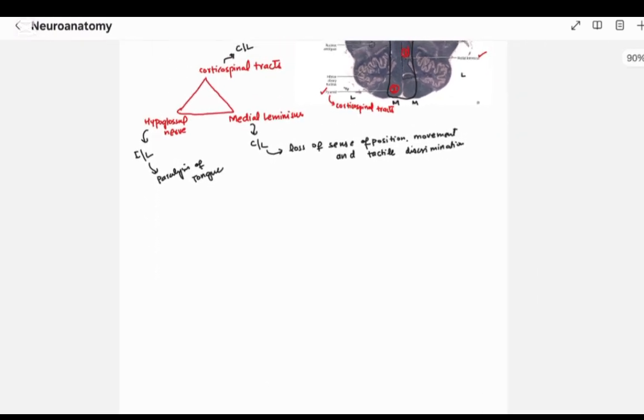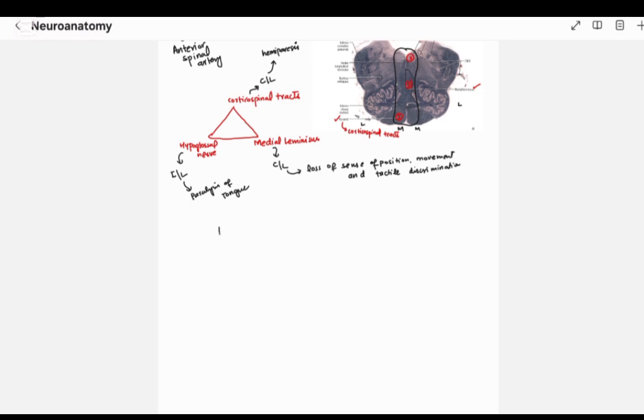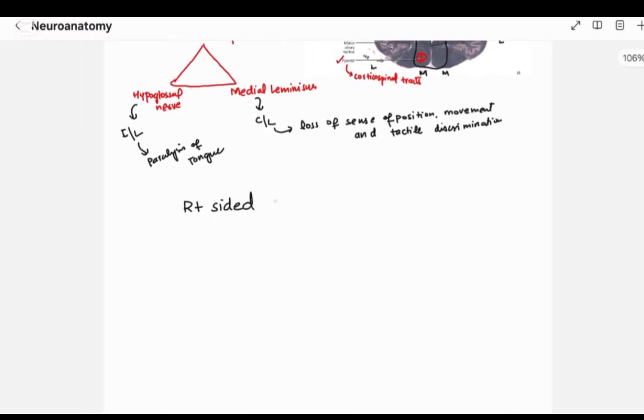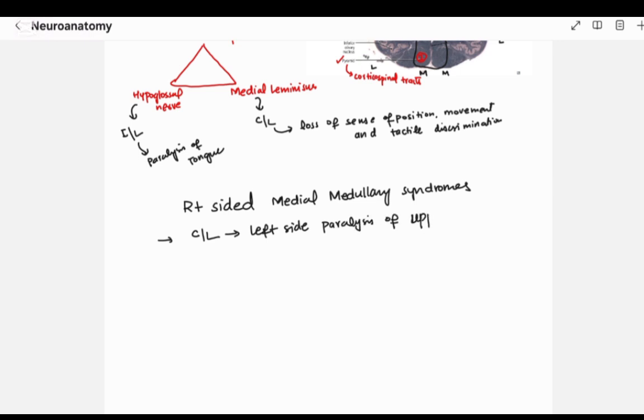So if I say there is right-sided medial medullary syndrome, what will be the findings that you will see in the patients? First of all, left-sided paralysis of upper and lower limbs.